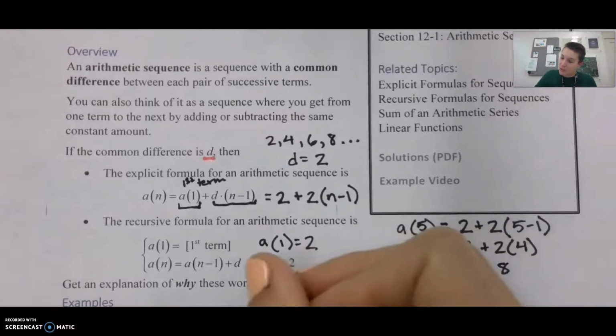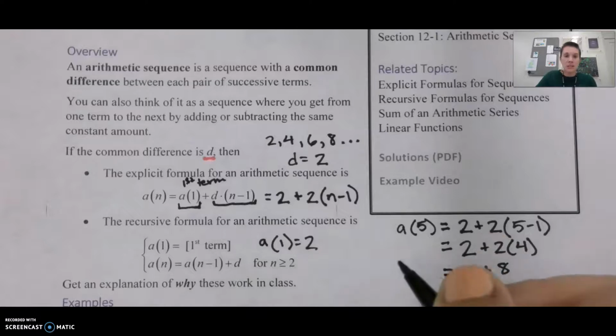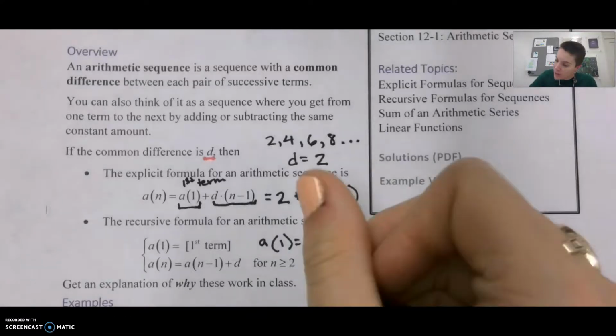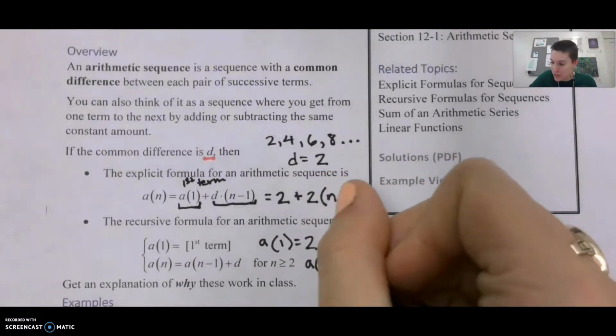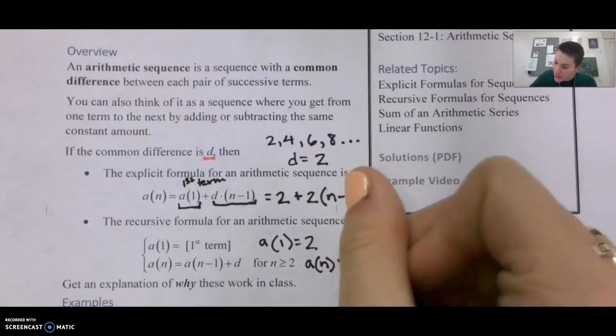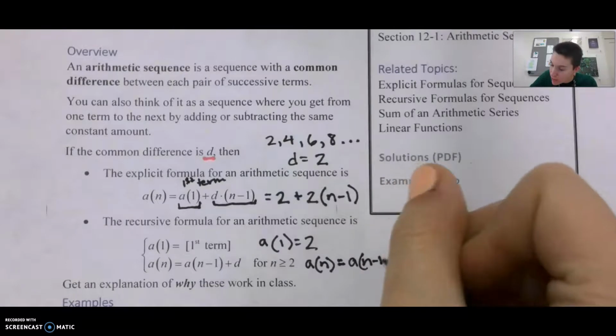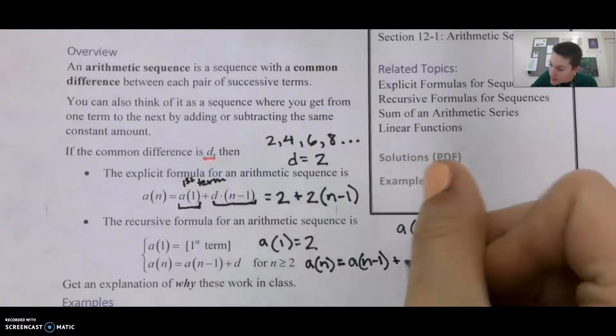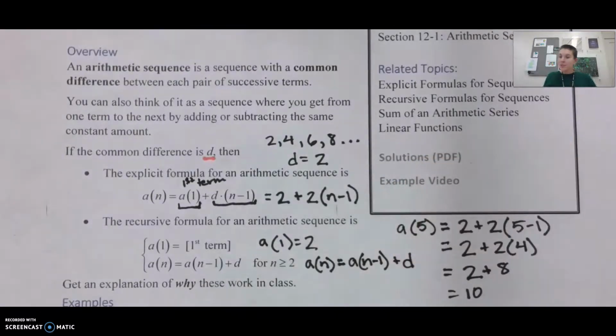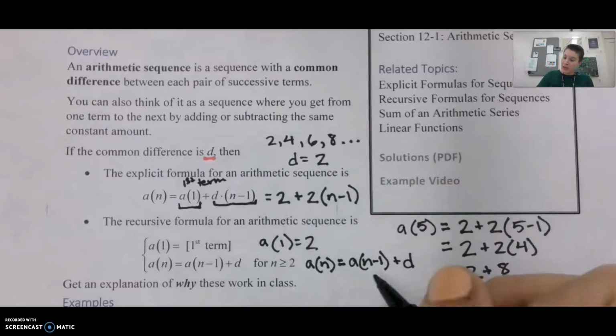It says, first, write your first term out, whatever it is. In this case, it's 2. Then it says, for all subsequent terms, A of n will equal A of the previous term plus the difference. So basically it's saying, if you want to get to A of 2, you need to find A of 1, and then add whatever your D is.